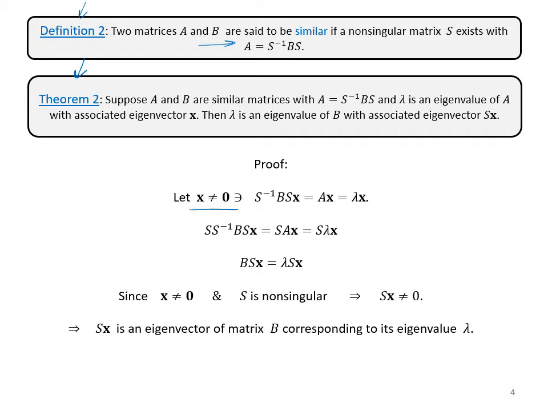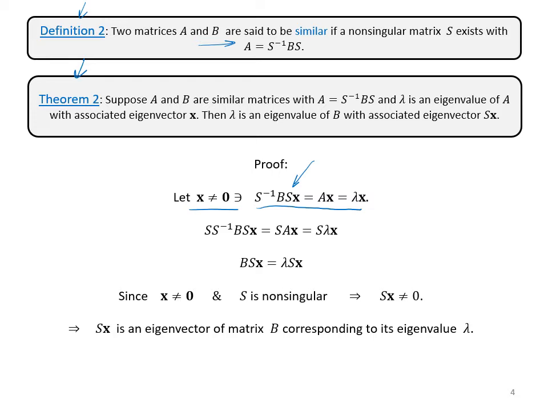Suppose that we have a non-zero vector x such that the following equality holds. And it holds because of the definition of similar matrices, because we assume that A and B are similar matrices.